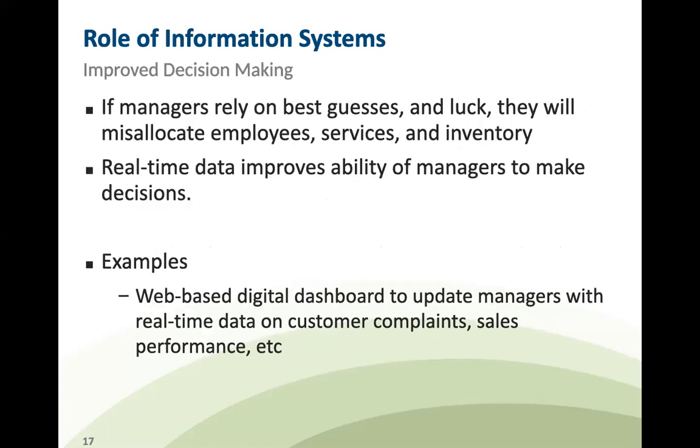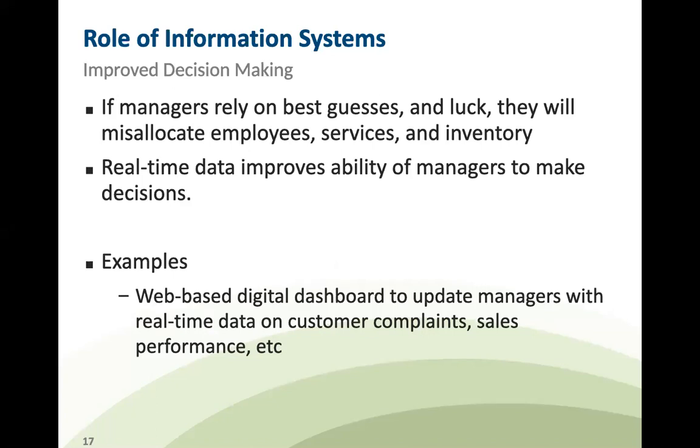Then let's see how management information systems are going to help in improving decision making. If managers rely on best guesses and luck, they will misallocate employees, services, and inventory.